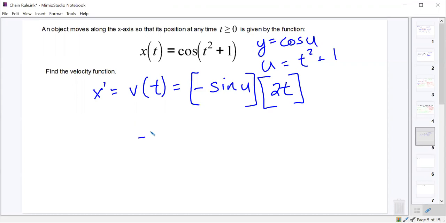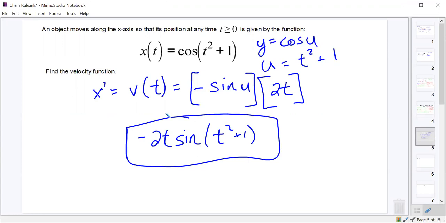So we end up with negative 2t sine of u, and u was t squared plus 1. Any questions on that? Everybody okay with that?